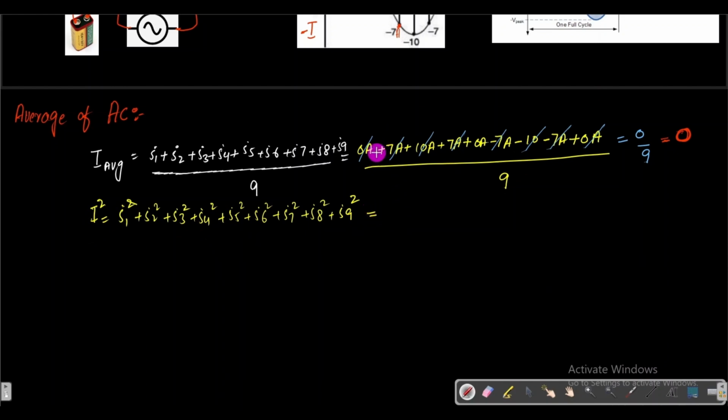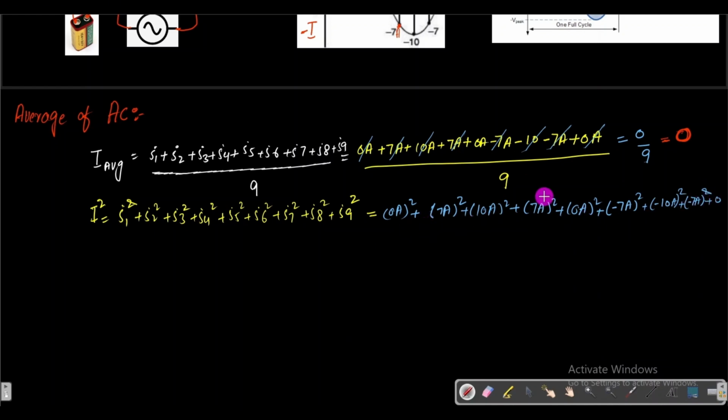I put in the values here: I1 is equal to 0 ampere, so 0 ampere whole square, plus I2, which is 7 amperes whole square, plus 10 amperes whole square, plus 7 amperes whole square, plus 0 ampere whole square, plus minus 7 amperes whole square, plus minus 10 amperes whole square, plus minus 7 amperes whole square, plus 0.